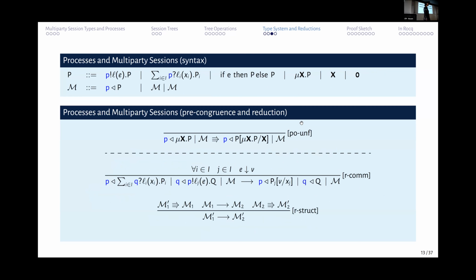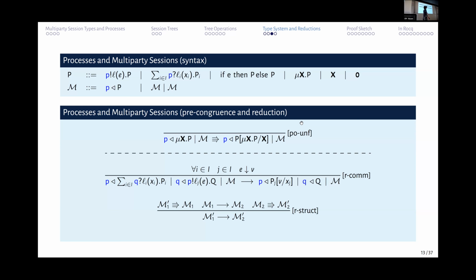And now I explain what we found, a bug in session types in the literature, and actually related with this unrolling. So this is a corrected rule we mechanized, a pre-congruence reduction rule. So basically, recursion should be unrolled equi-recursively, like in the previous talk, you know.